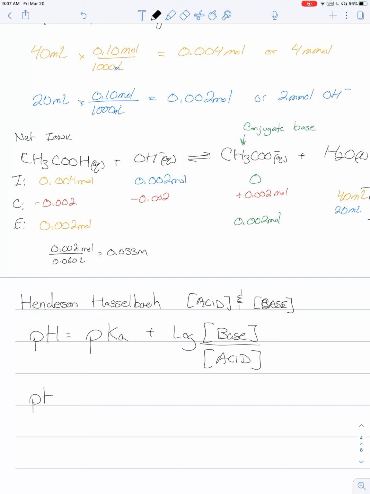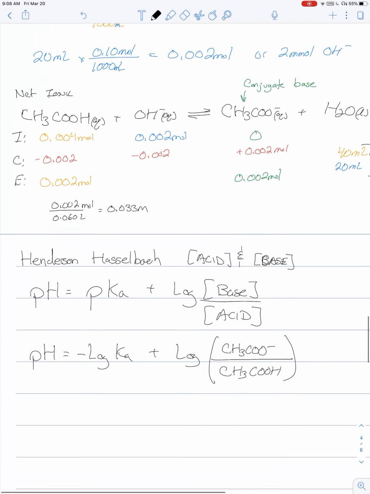So in this case, the pKa is just the negative log of Ka, right? Plus the log of the base, which would be CH3COO minus, over the acid, CH3COOH, acetate and acetic acid.